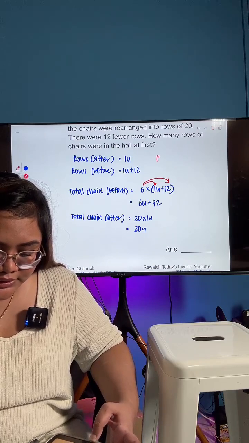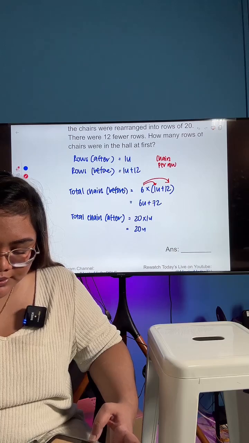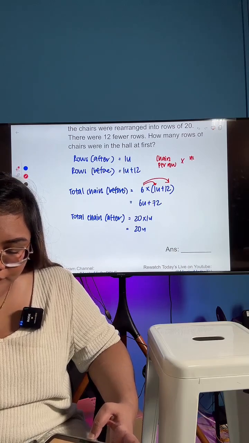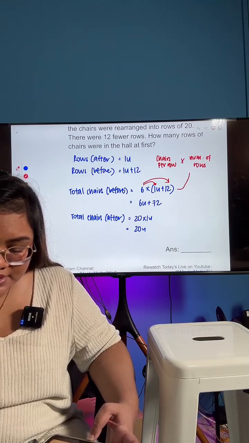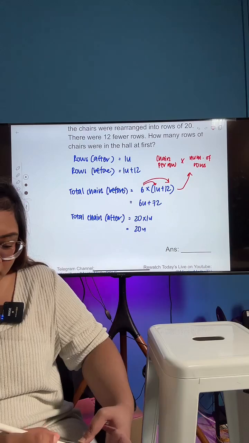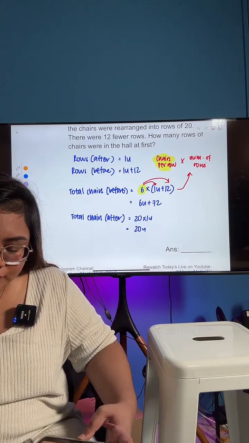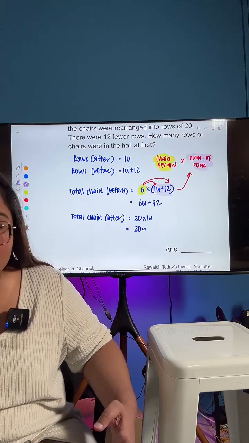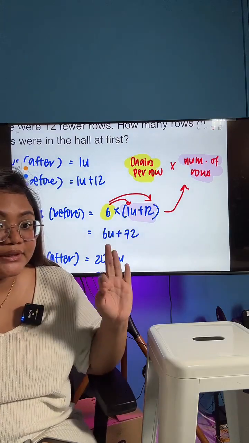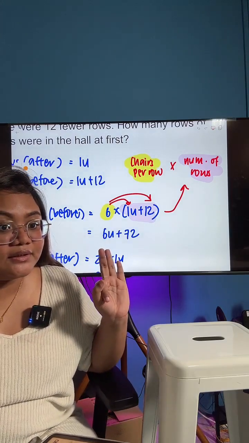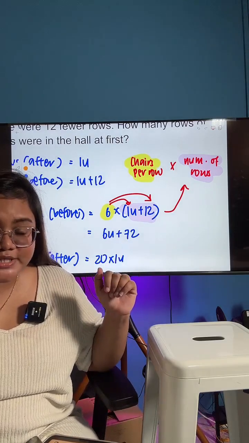So this one is chairs per row times number of rows. Chairs per row is the 6, then the number of rows is the 1 unit plus 12. Can follow? So chairs per row times the number of rows.